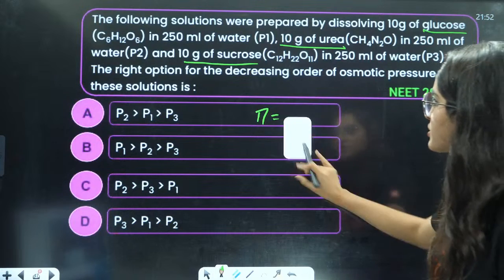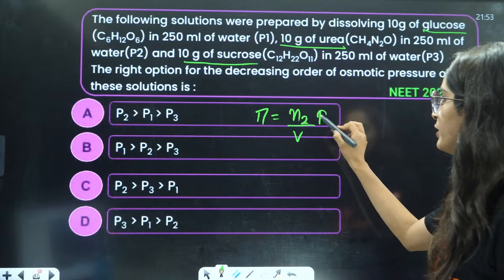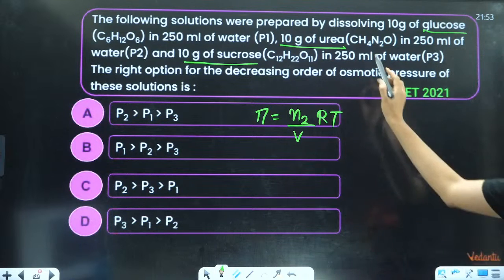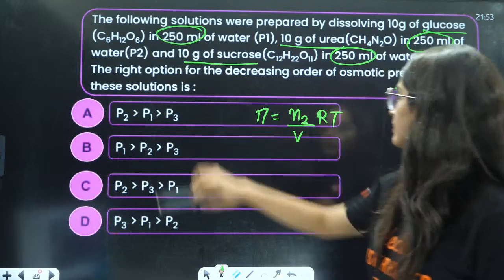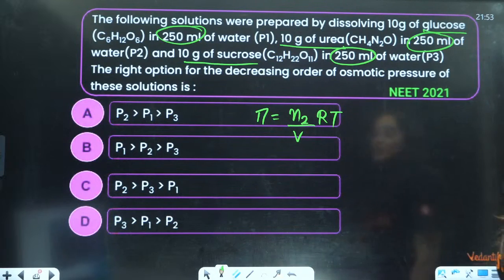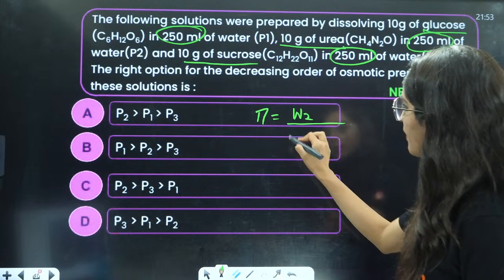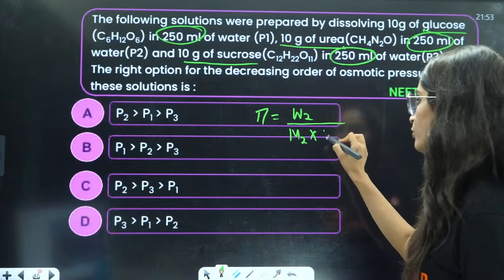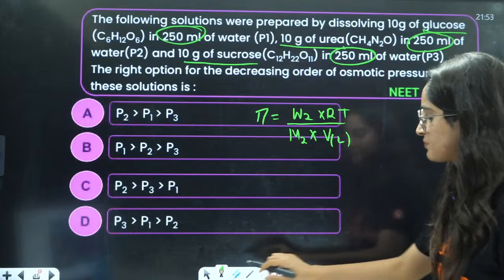What is concentration? That is number of moles of solute by volume, into RT. Volume is the same, 250, 250 and 250. If you want to write it in the form of grams, that will be W2 by M2 into volume in liters, multiplied by RT.